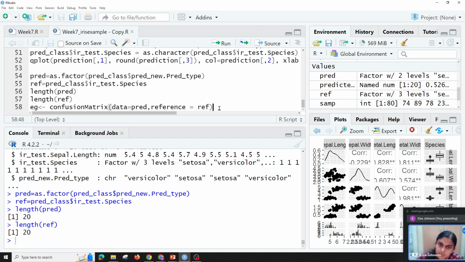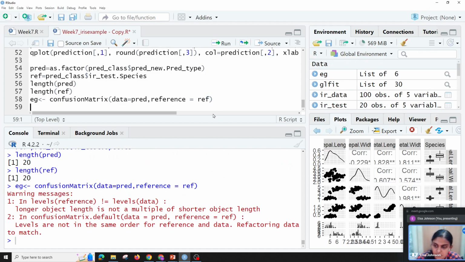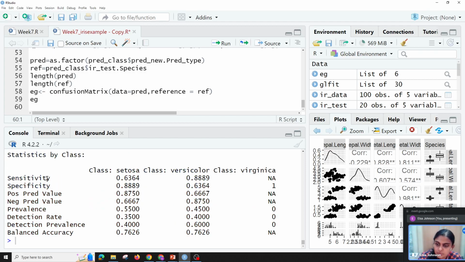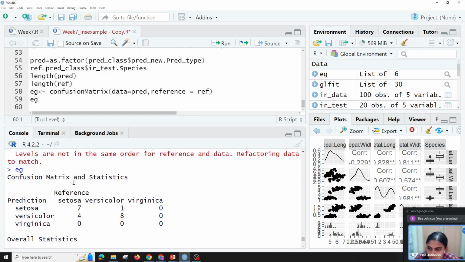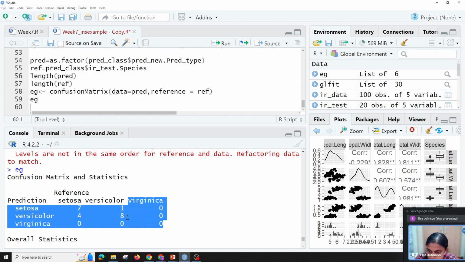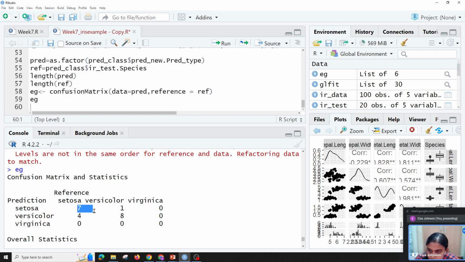Okay, so if I run the confusion matrix, the warning is coming, but still if you do that, you can see the matrix. Earlier Virginica was already there, but it is 0 0 0 coming up. You can just look at these two things only.